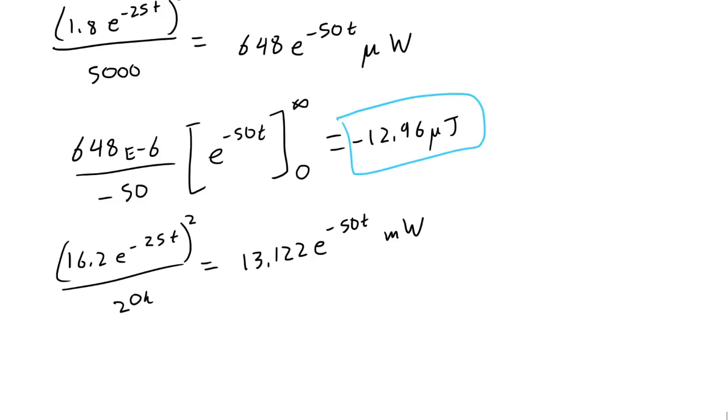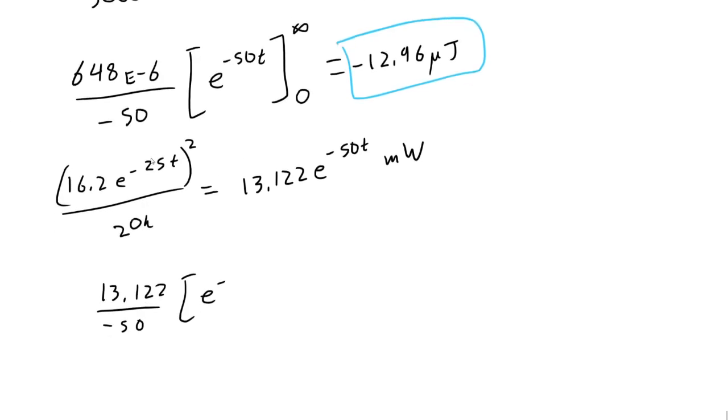Once again, I'm going to do the integral. So 13.122 divided by negative 50 times e to the minus 50t, infinity is 0, and we're going to have 0.26244 millijoules.